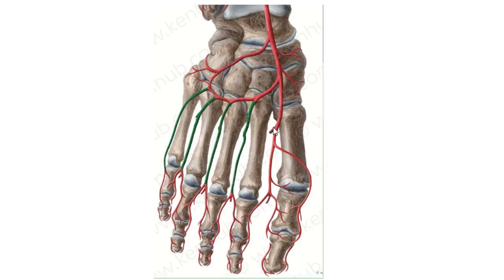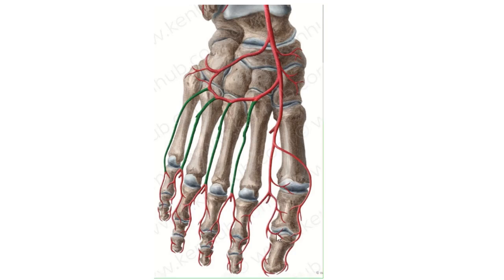This is the deep plantar artery, which is the continuation of Dorsalis Pedis artery into the sole of the foot. This is the first dorsal metatarsal artery, which is the last branch of the Dorsalis Pedis artery, which is supplying the medial side of the great toe and the adjacent sides of first and second toes.